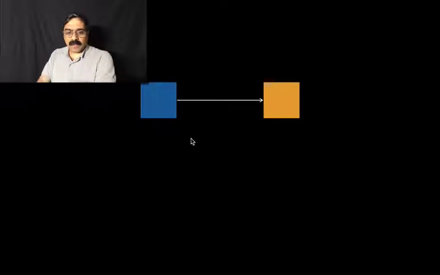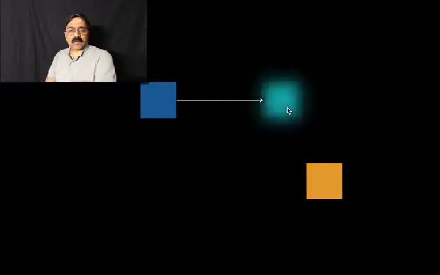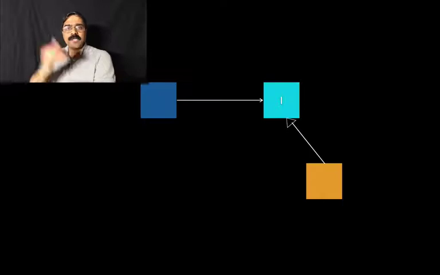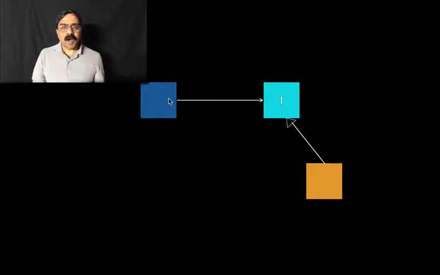Notice in this example, the concrete class being tested depends on the concrete class which we are depending on. Instead, we move that concrete class down and we introduce an interface. Now notice both the concrete class on the left and the class we depended on before at the bottom, they both depend on this interface.